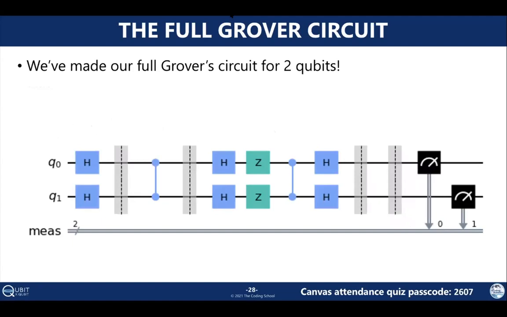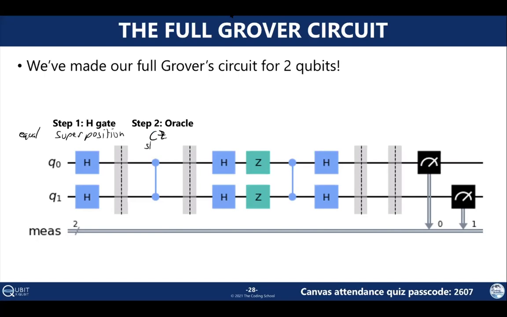So this is our full Grover circuit. The first step is our Hadamard gates. This is making our superposition. Let me write that out. And specifically, it's an equal superposition of all states. Second step is our oracle. In this case, it's a CZ.